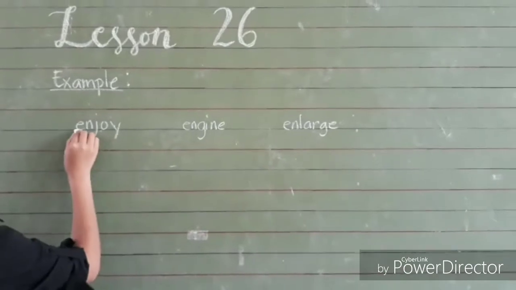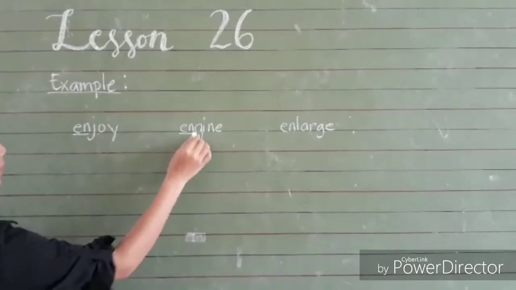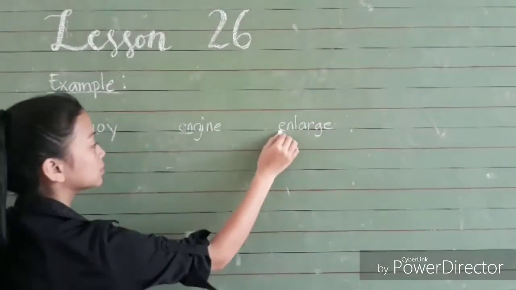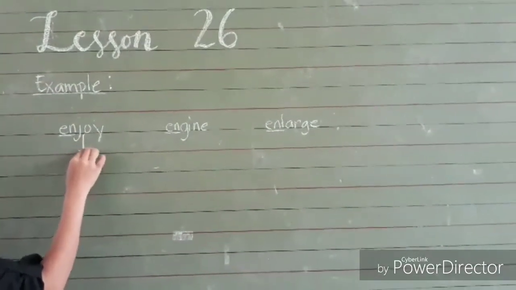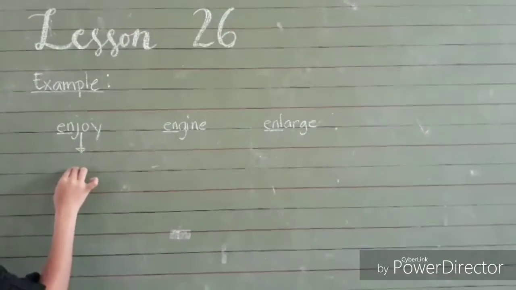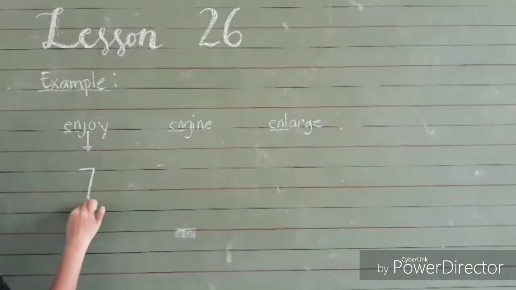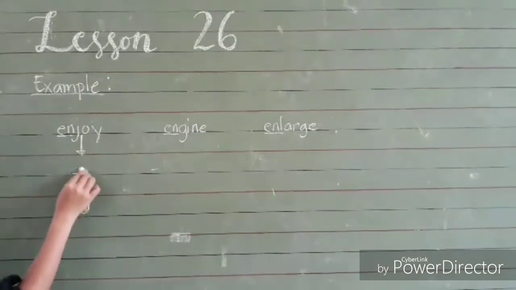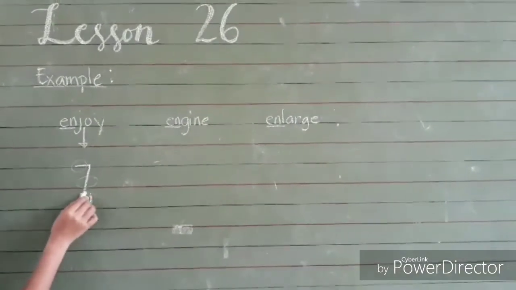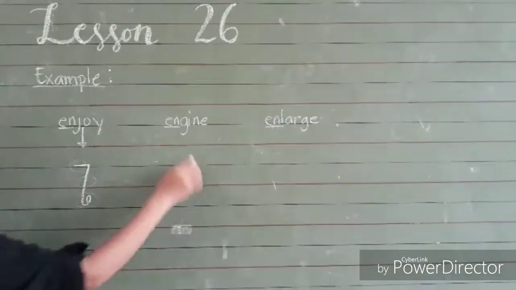Example: enjoy, engine, and enlarge. For enjoy, it is written as, and represented by N, J, and OI.